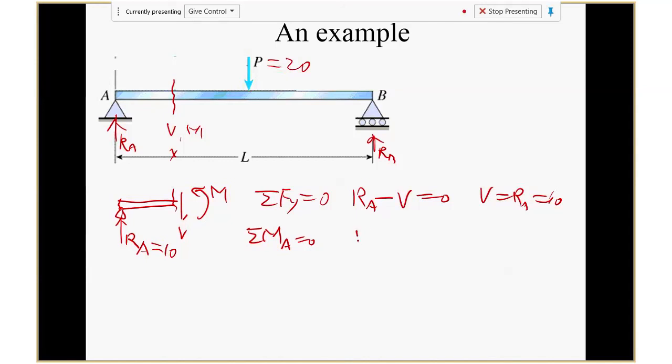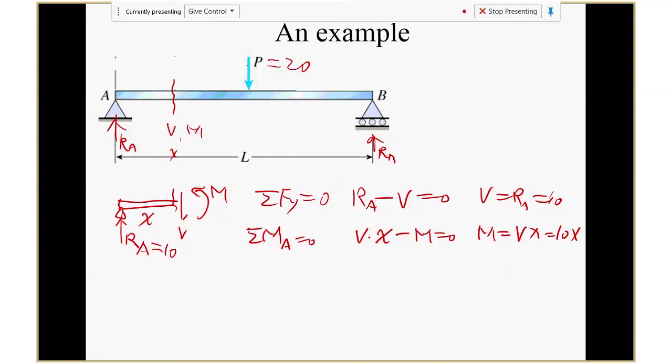So it will be V times distance x, this is the x distance, minus M equals 0. So M equals Vx, which equals 10x. So now I found V and M at any x location.